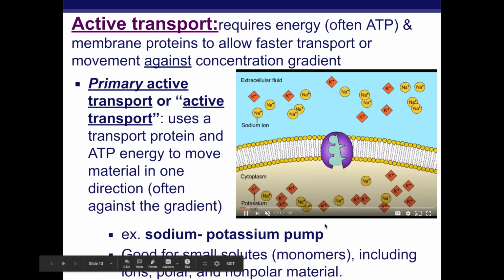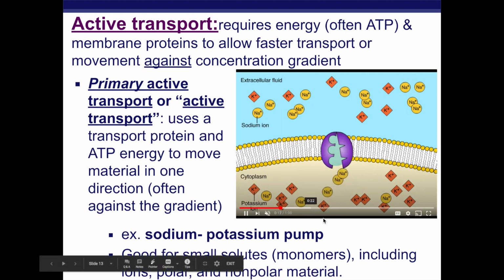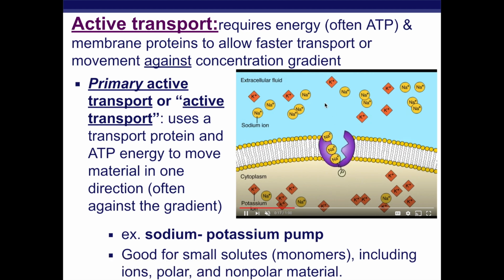Or video. So in this case with the classic sodium-potassium pump, what actually occurs is it's moving potassium inside and sodium outside the cell. And wow, it's slow, but basically you're going to move 3 sodium ions with energy outside the cell, and then you're going to also use that energy to help move 2 potassium ions into the cell.